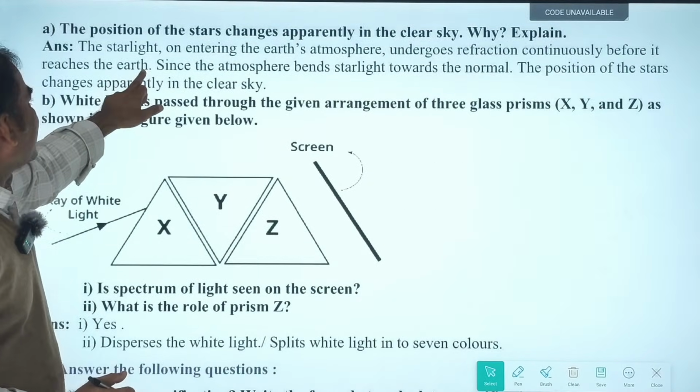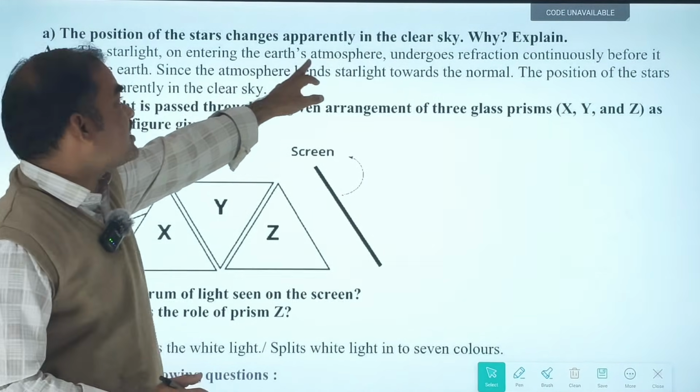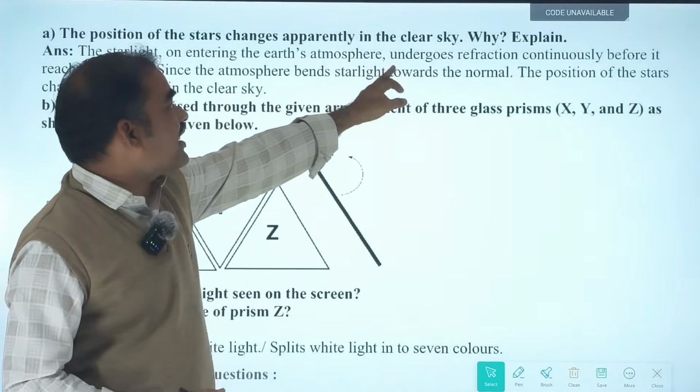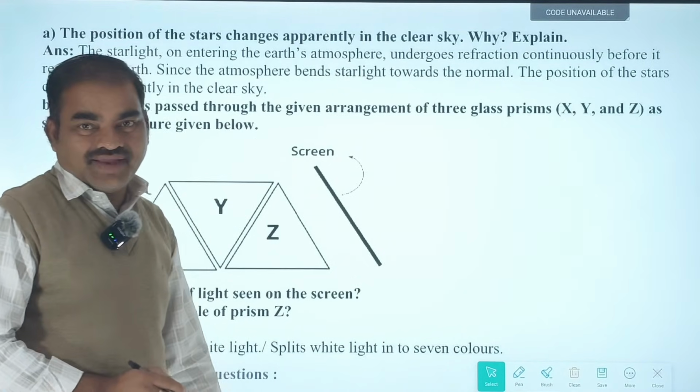And the second question: the positions of the stars change apparently in the clear sky. Why? Explain.